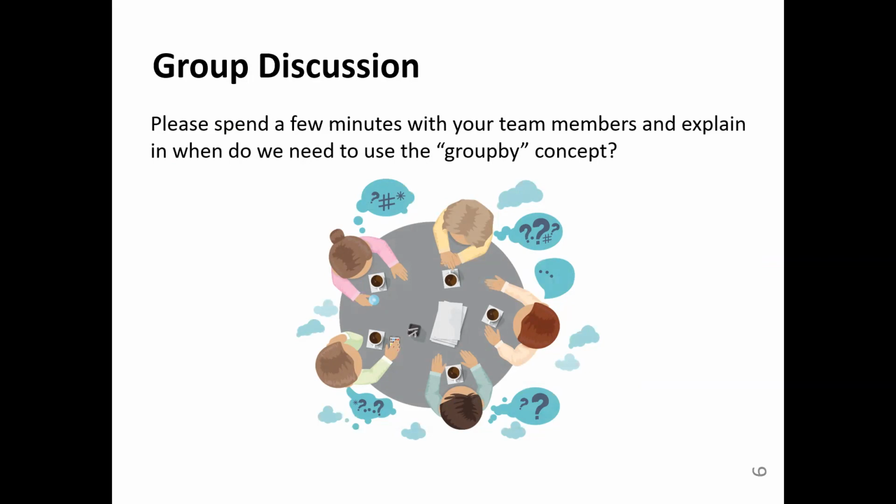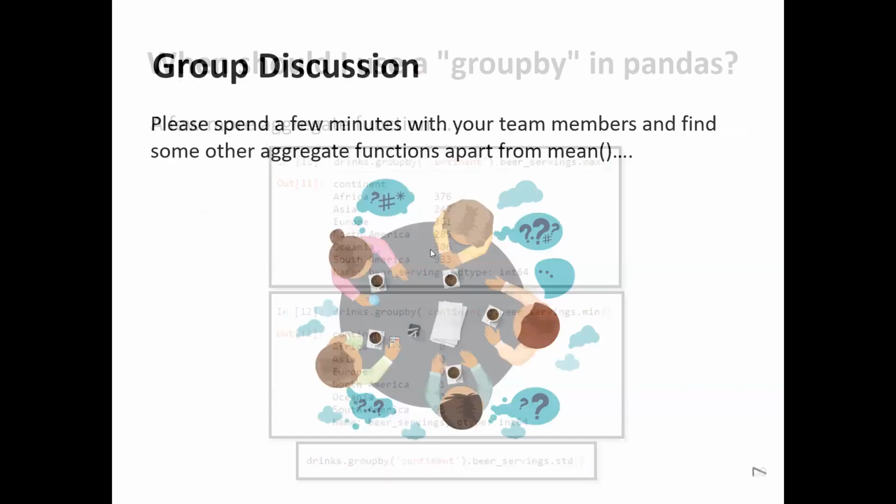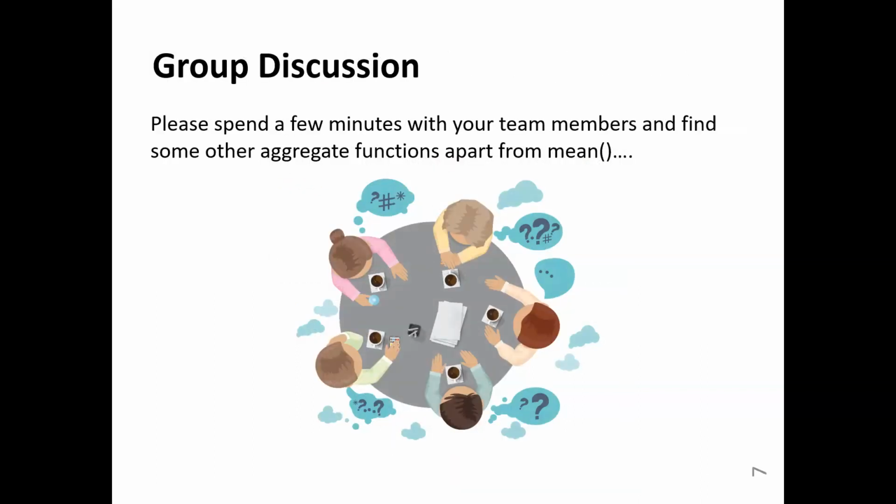You remember we used group by, we calculated count, the number of elements that we had in a group or something. Yeah, other aggregate functions. What are the other aggregate functions except average or mean?